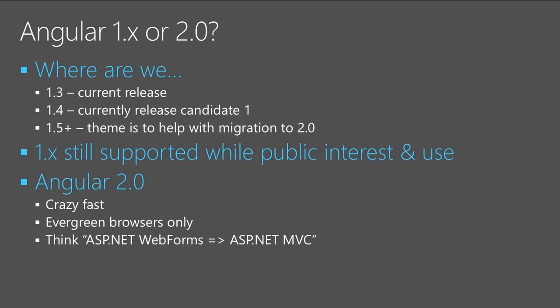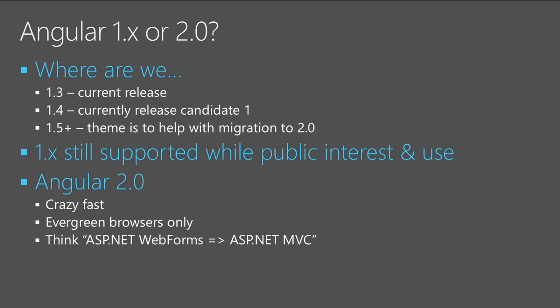What they've said is that future versions of the 1.x branch, 1.5, 1.6, have a primary goal of helping you migrate your apps to 2.0 in a much easier way. So the primary goal of 1.5 and forward will be to help you migrate to 2.0. As for when 2.0 is coming out, they haven't said.